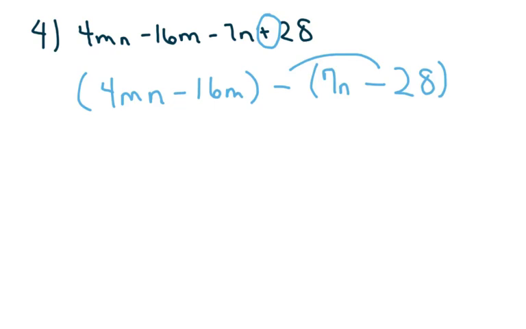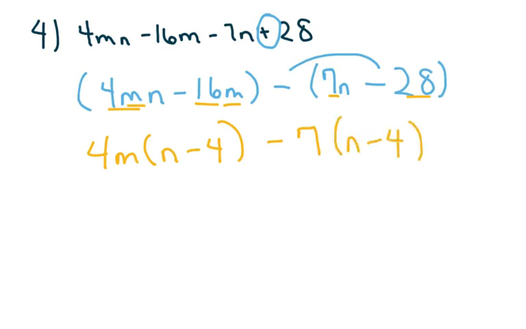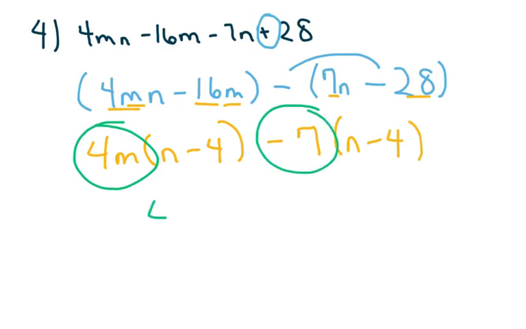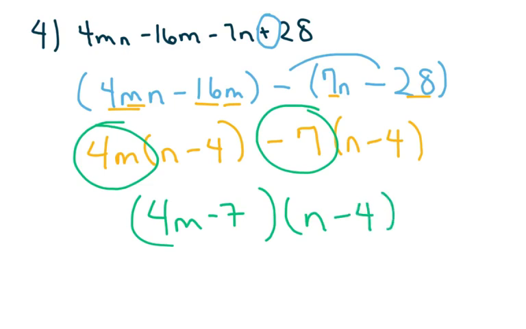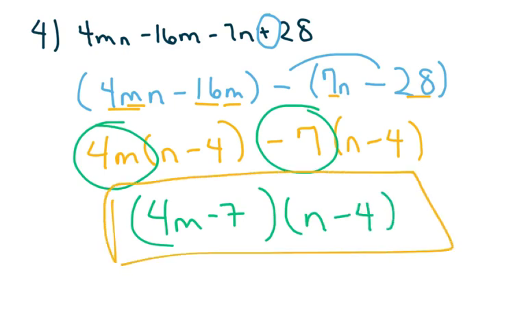So what can we factor out here? We can factor out an m and a 4. So I can pull out 4m, and I'm going to get n minus 4, minus here I can factor out a 7, and you get n minus 4. Now group these two together, and you get 4m minus 7 times n minus 4. And that is your answer.